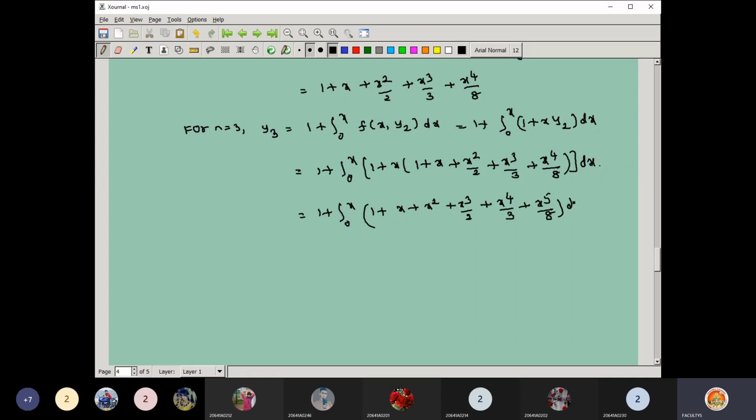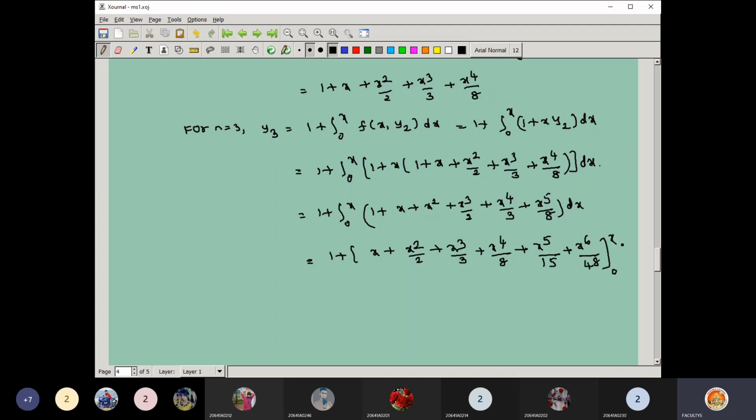So for this you are doing the integration. So 1 plus it is x square by 2 plus x cube by 3 plus x to the power of 4 by 2 into 4, 8, plus x to the power of 5 by 5 into 3, 15, plus x to the power of 6 by 6 into 8, 48.